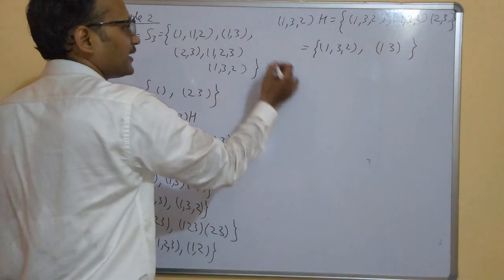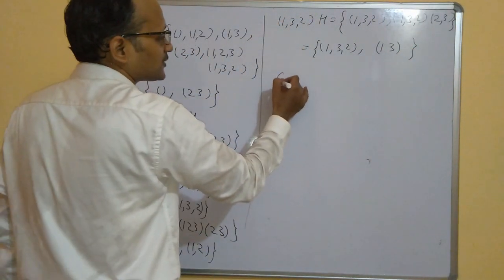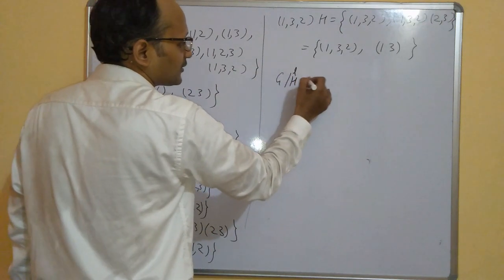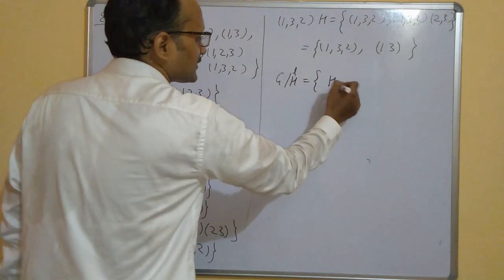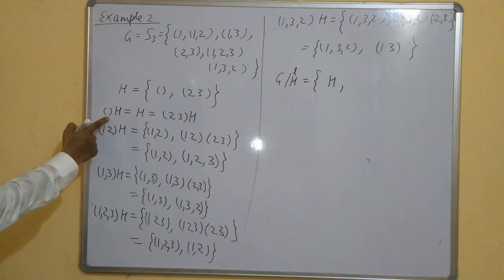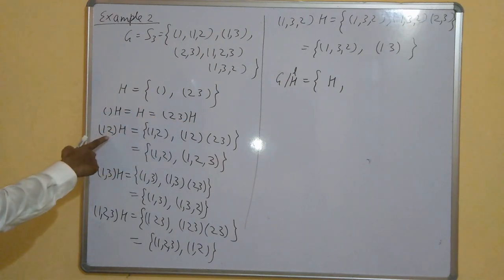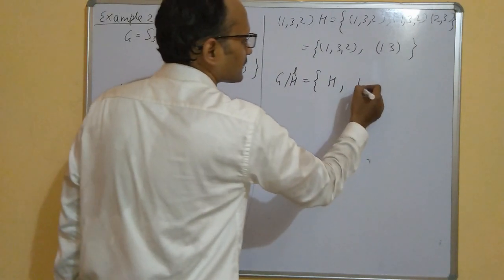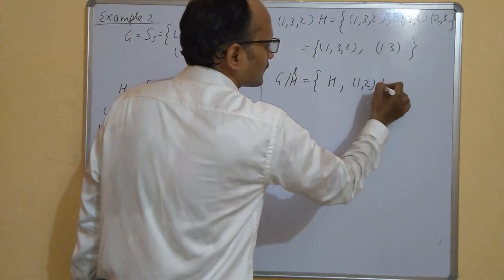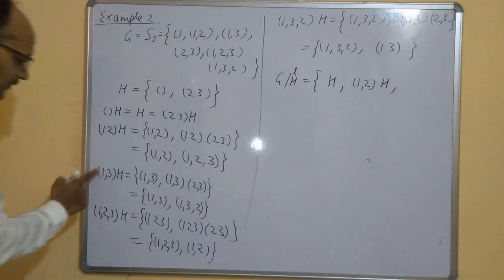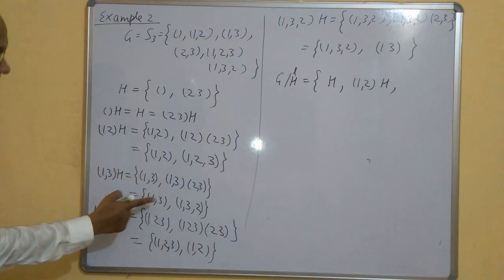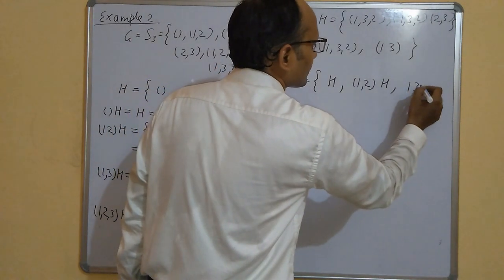So if I write all the left cosets of H in G, these elements are H itself. Again, these two are same. These three are same, so we can write H for it. Now (1 2)H, (1 3)H and (1 2)H are different, so let me write (1 3)H.